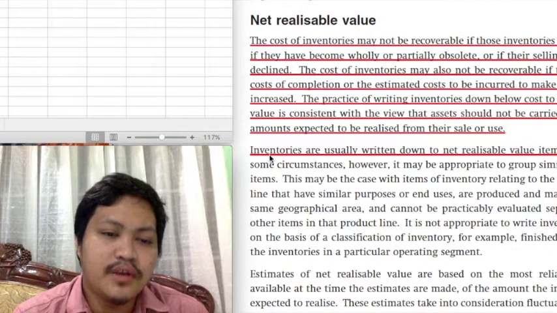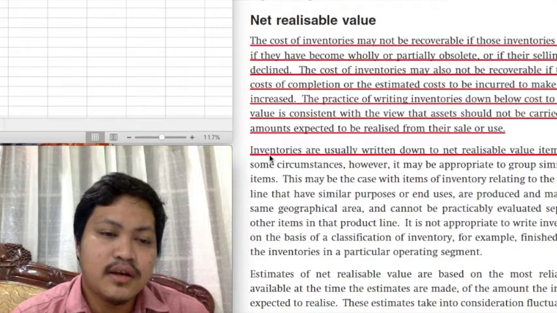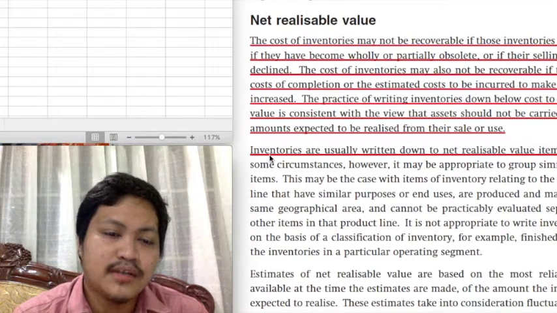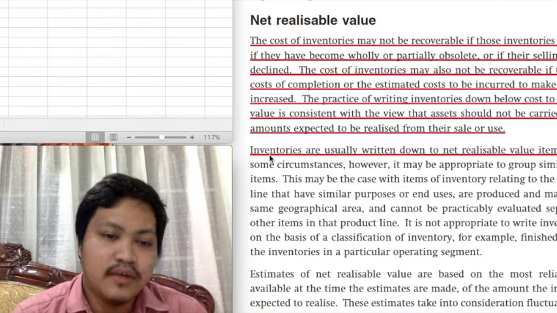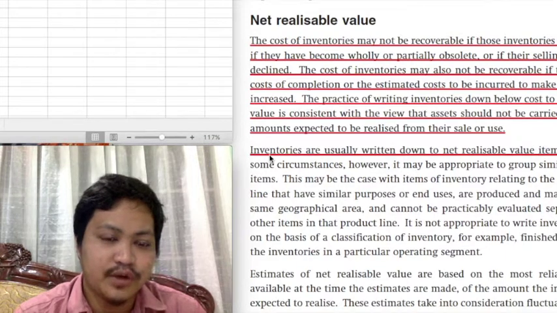It is a common theme, class, in the requirements provided by the standards that the amount reported for our assets should not exceed their recoverable amount, the amount that you will be able to recover if you are to sell or dispose the asset.